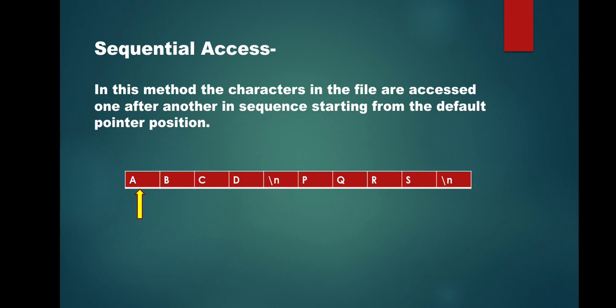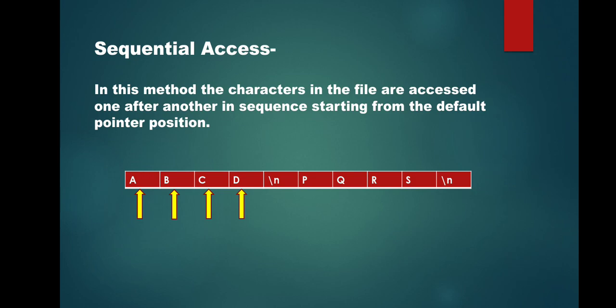Because we are talking about the sequential mode of access, to access D you first have to access the first character, A, then B, then C, and then D. You reach the fourth character after you have accessed the previous three characters.